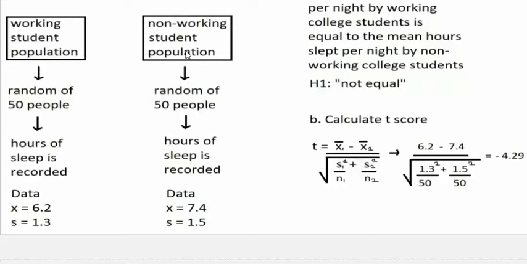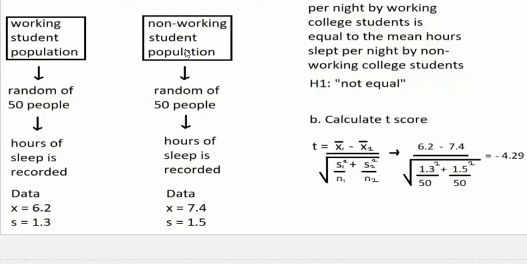So the two population means could be equal or they could be different. We're not sure. And there's two possibilities. The first possibility is that the two population means are equal, and the two populations are equal in sleep on average.